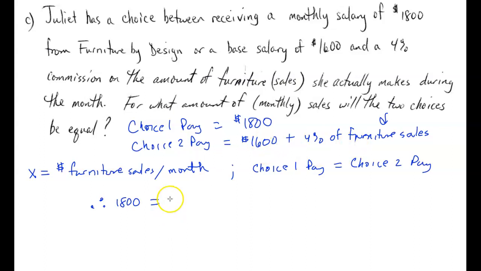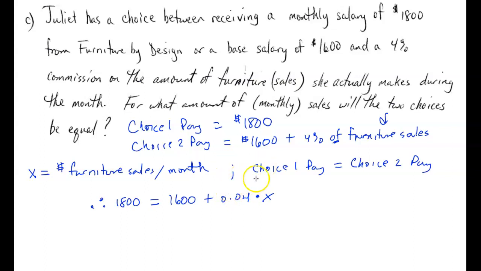For choice 2 pay, we have the 1,600 plus our 4%. We translate that into a decimal. We know the word of in mathematics implies multiplication. And then, of course, we have furniture sales, the amount. That is what we are looking for.